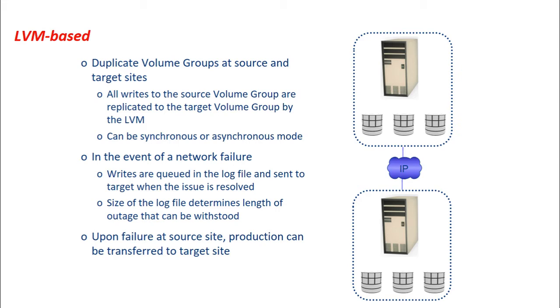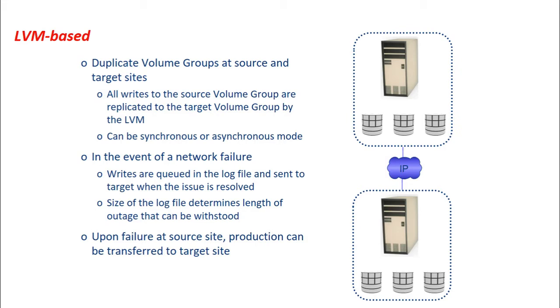Since the entire replication is processed by the CPU of the host, it adds overhead to the host CPU, which might cause performance degradation to the applications running on the host.